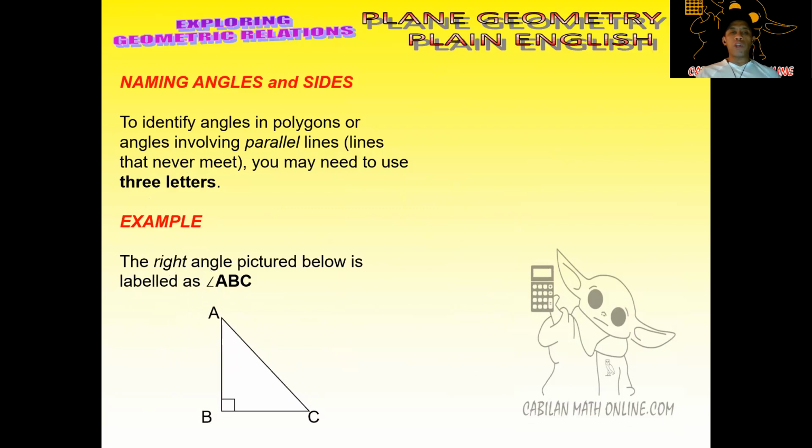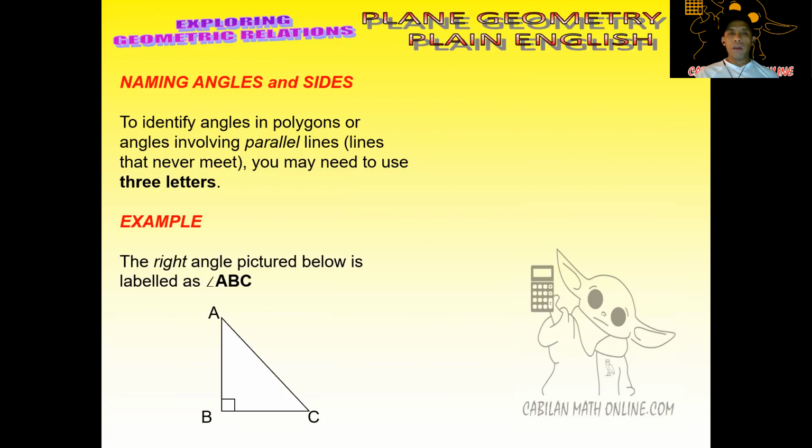When you're assigning angles with three letters, the angle in question, which in this case is the box, will be the middle letter. So if this was ACB, that would be incorrect for this question because we're looking at the angle in the bottom left-hand corner. Whatever angle you are referencing will always be the middle letter.